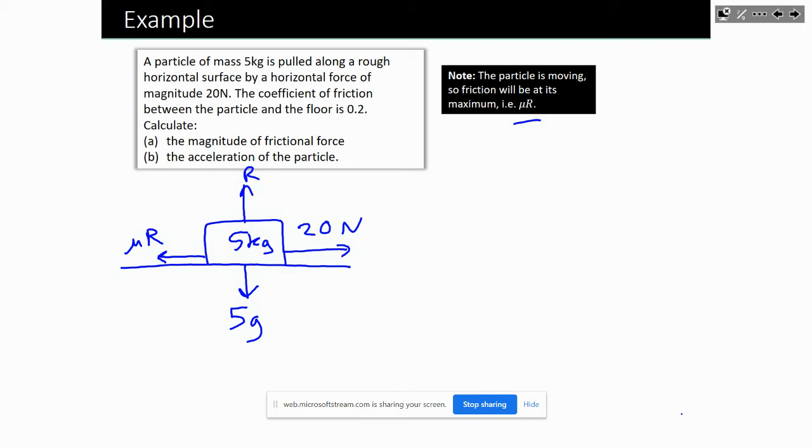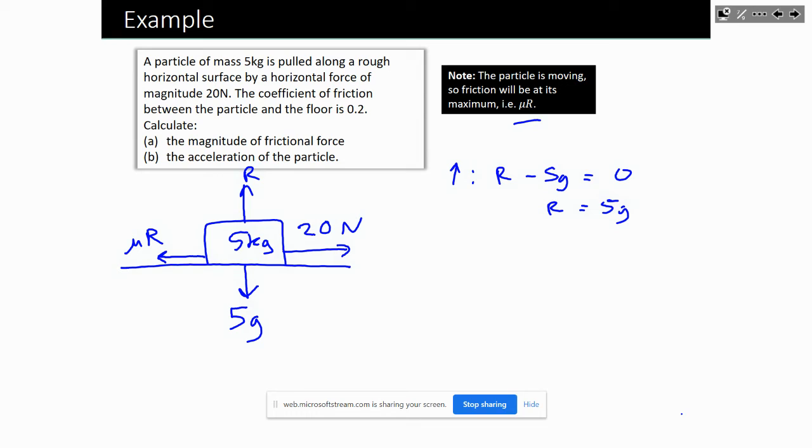So it's useful to recognize that we have 5g as our weight. So therefore, because R and 5g are in equilibrium, if we think about resolving our forces vertically, R minus 5g is equal to 0. So R equals 5g. Now I'm going to leave it at that for now because I'm not particularly interested in that.